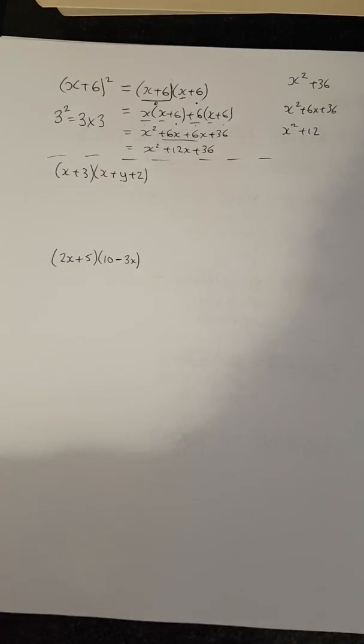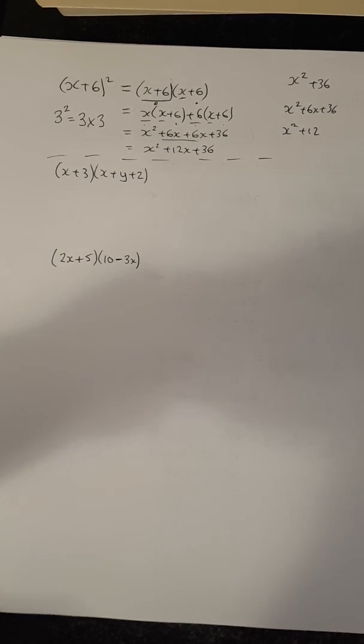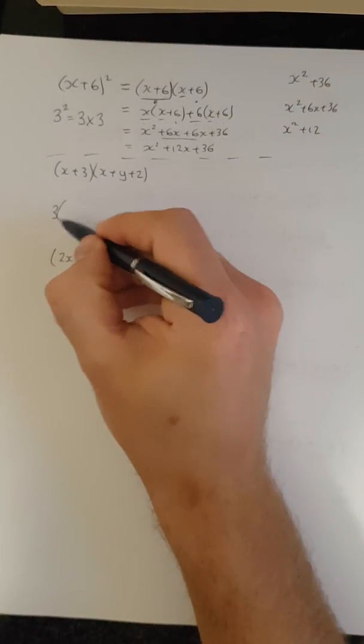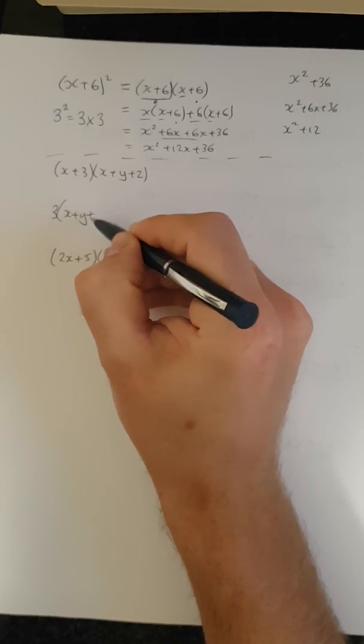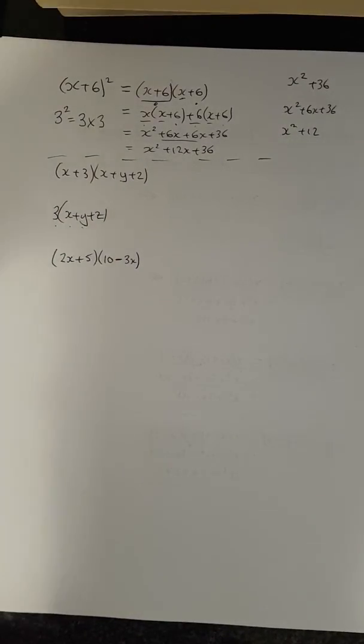The second one. So, if you had 3 outside of this bracket, you would multiply 3 by each term inside. That rule has been the same all the way through expanding brackets.